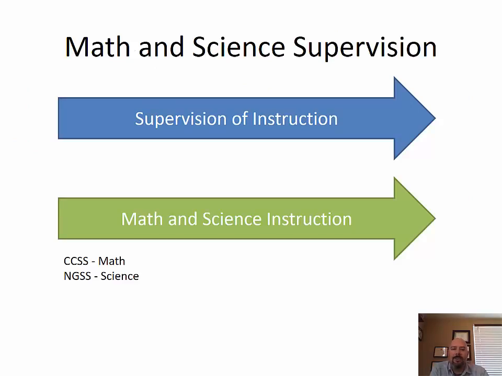This slide you're probably going to see in multiple presentations. What you're going to find in this class is we're kind of running two parallel lines. These will intersect at different times, but especially initially, we're going to talk about them individually, and they'll have pieces underneath them. Supervision of instruction will come in a later presentation.